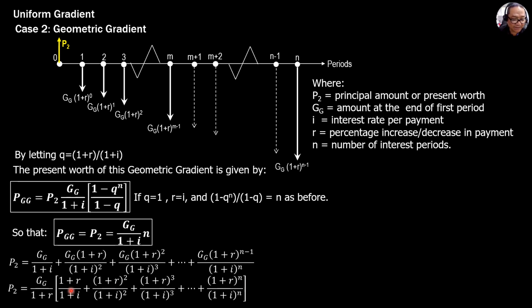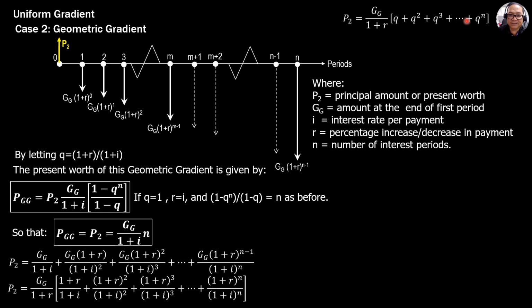Take note that these are in geometric progression or series, and we denote this ratio as Q. So this is Q, Q squared, Q cubed, plus dot dot dot Q to the n. So P sub 2 equals G sub G over 1 plus R, quantity Q plus Q squared plus Q cubed plus dot dot dot Q to the n.